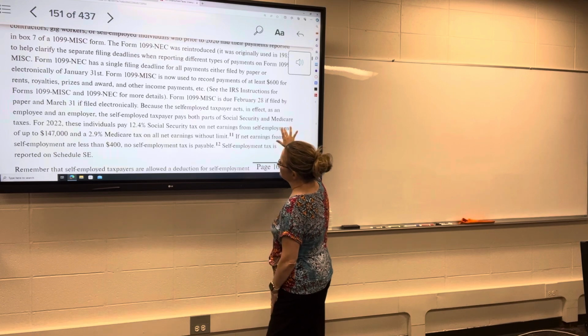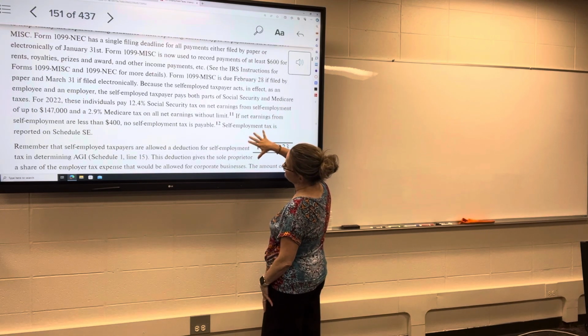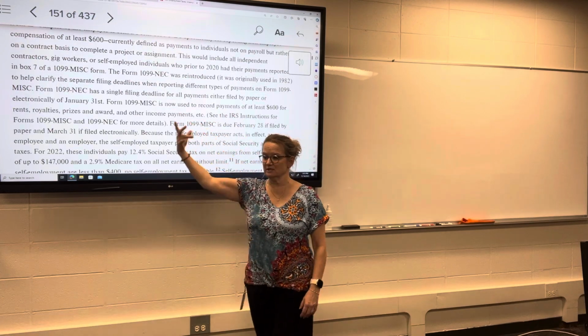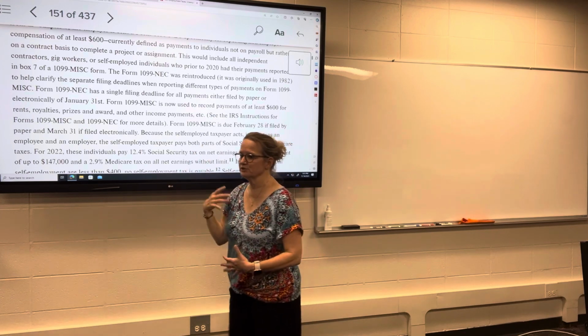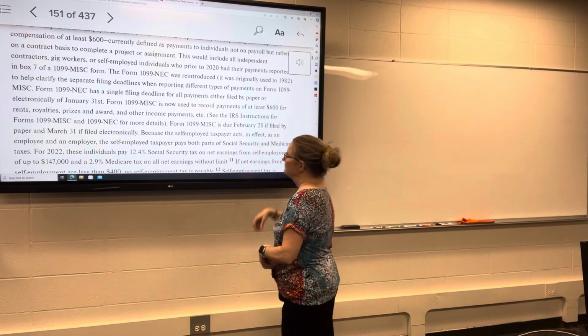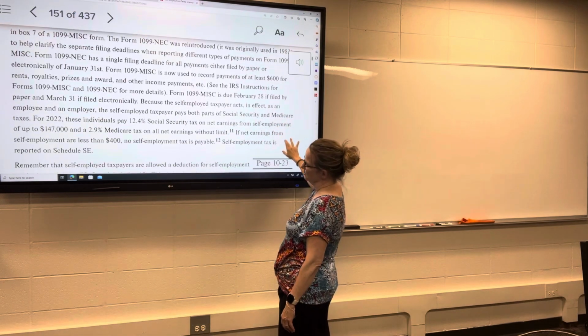So some different deadlines for filing those, depending upon the type of income. And this makes sense because, especially that NEC, it's earned income. So those individuals will want to start working on their taxes, and so those reports have to be in their hands by the end of January.